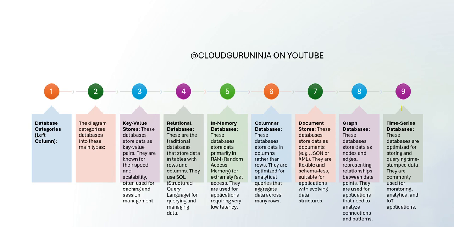See, now we are trying to explain the left column, that is your database categories. So what is key value store? They store data as key value pairs. And why is it used? For speed, scalability.